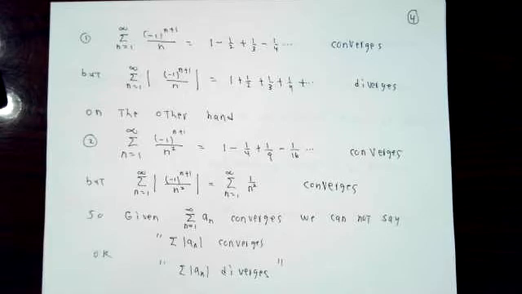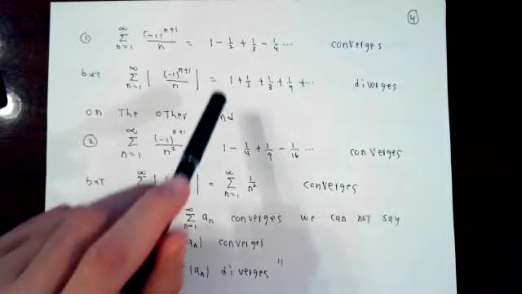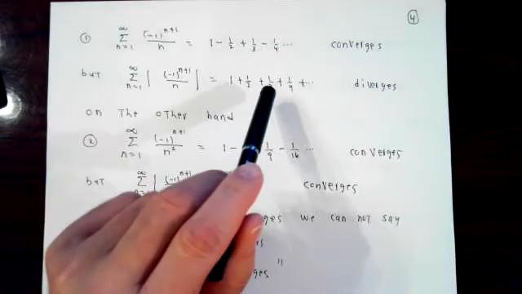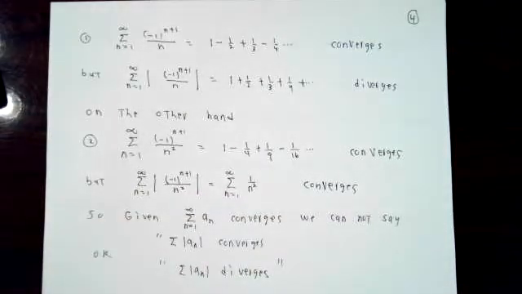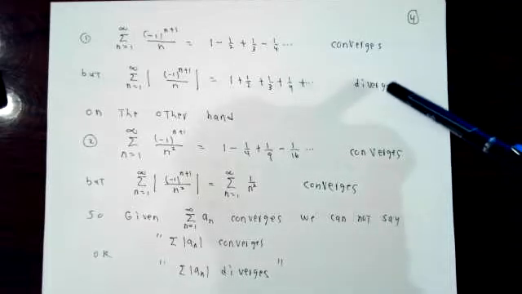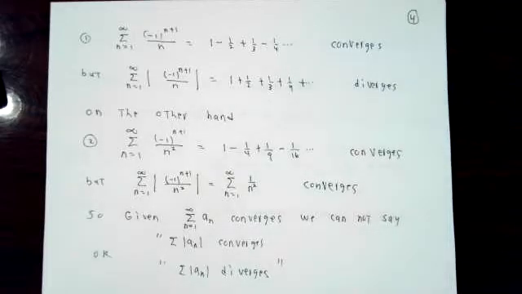The absolute value version of the series that we started with is 1 plus 1/2 plus 1/3 plus 1/4 and so on, which diverges because it's a p-series with p equal to 1. So if somebody told you, I've got some infinite series and it converges, so that automatically tells me the absolute value version converges too, that's not a reliable statement.